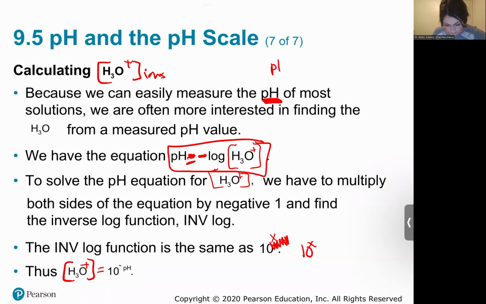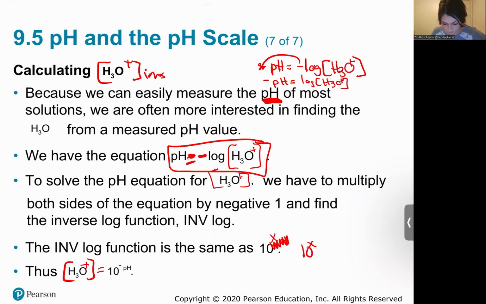So you're going to move this negative. Then you're going to have negative pH equals just the log of the concentration of your hydronium ions, right?